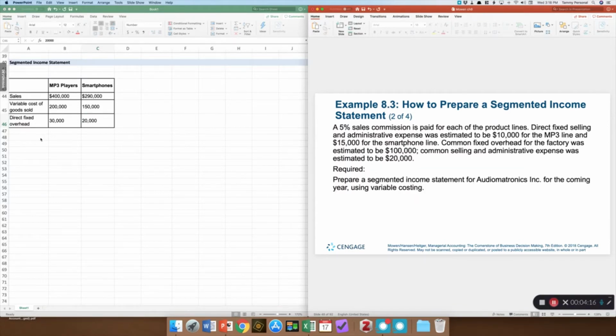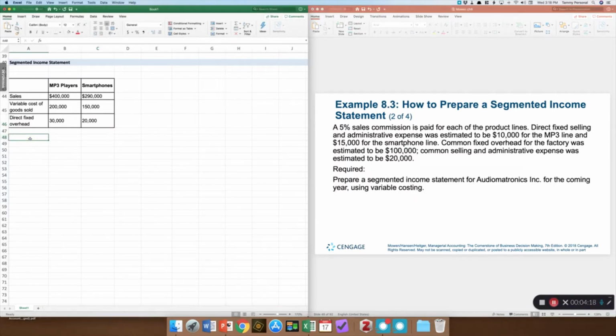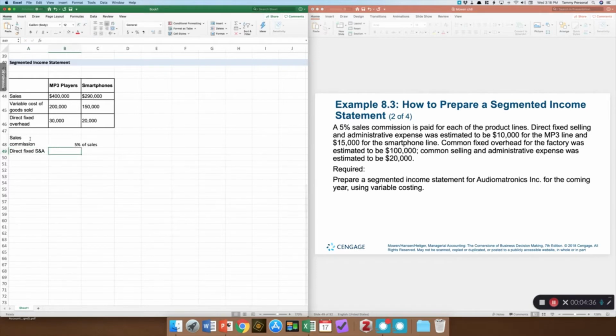So we have, let's see, sales commission. It was 5% of sales. And direct fixed selling and administrative was $10,000 for the MP3s.